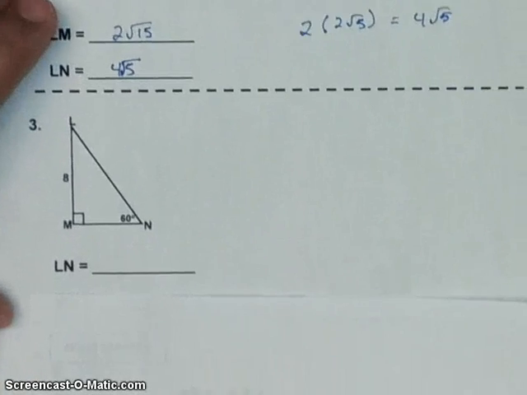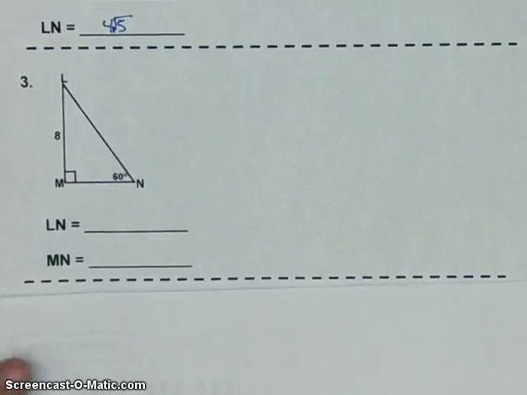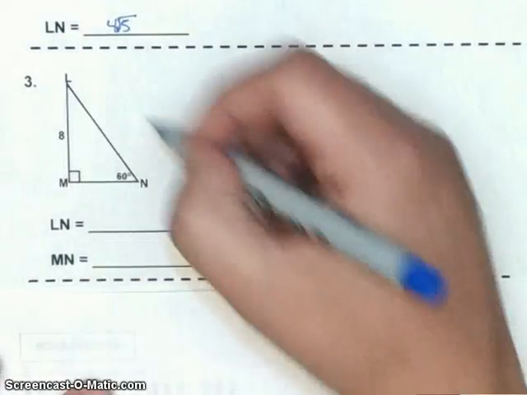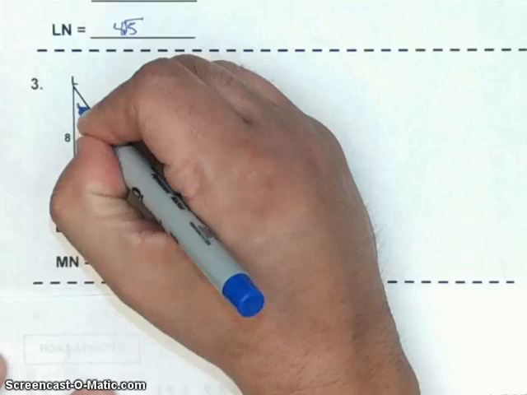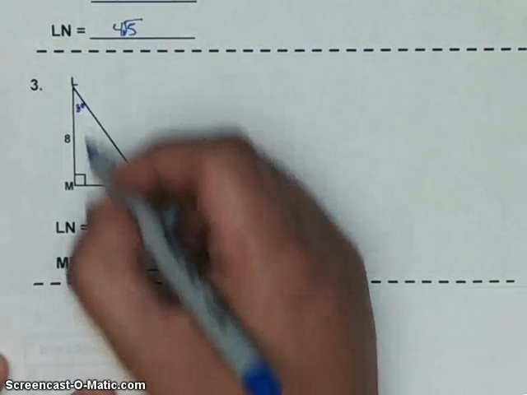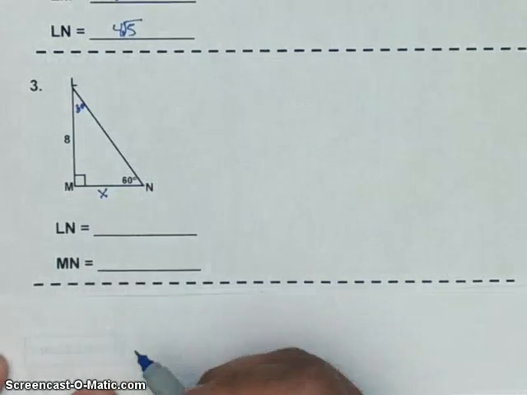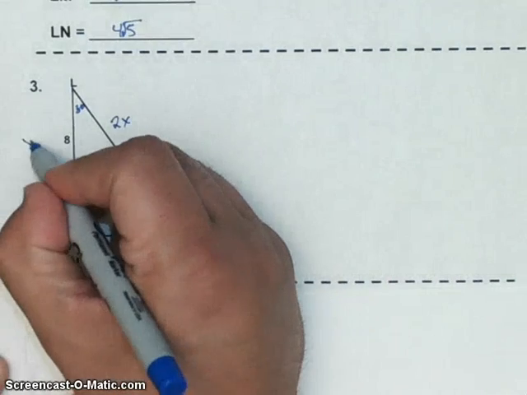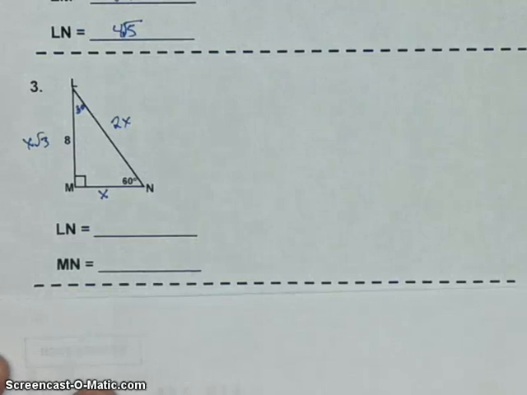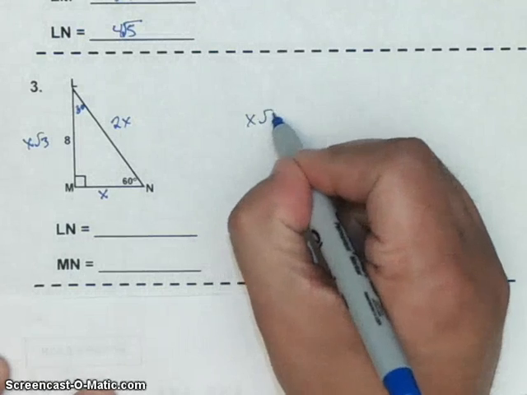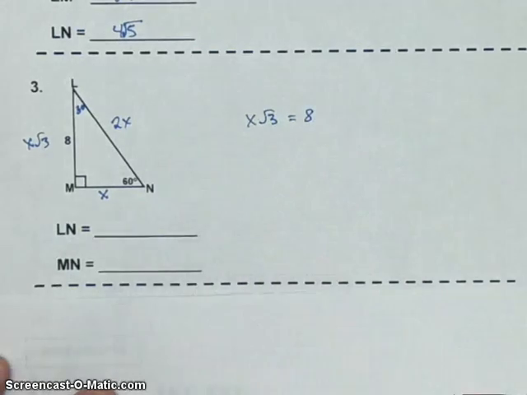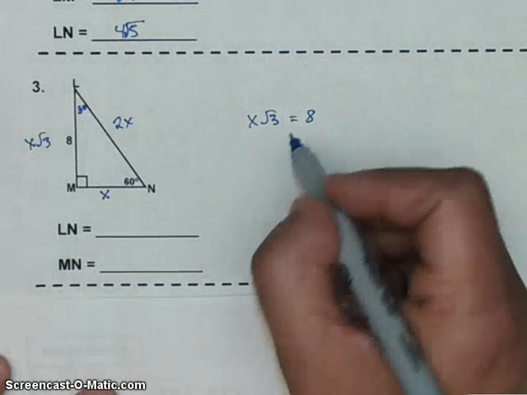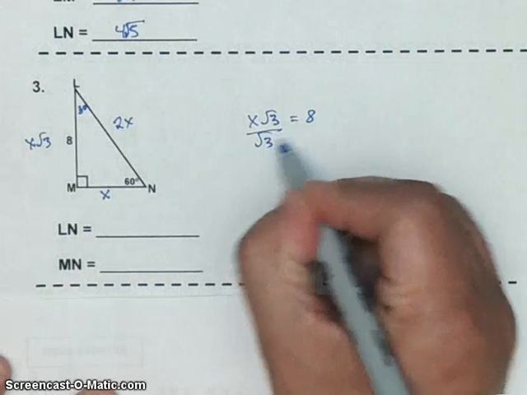All right, the next example. 90 and 60, that means the 30 is right here. So this is going to be my x side. This would be my 2x side. And this is my x square root of 3 side. So I know x square root of 3 is going to be equal to 8. I have to divide both sides by the square root of 3.